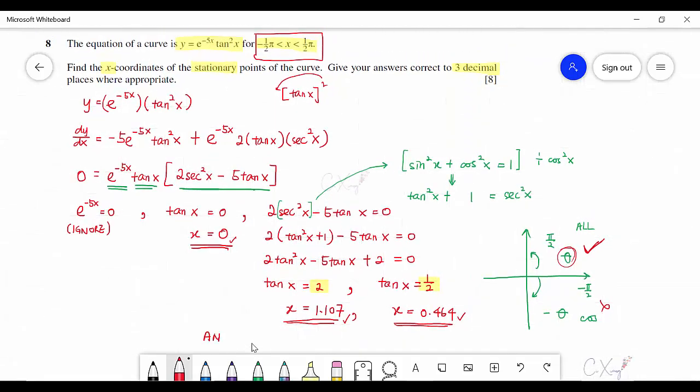So the answer will be x equals 0, x equals 0.464, and also x equals 1.107. There are 3 values of x for this part. All these are the x coordinates of the stationary points for the equation given above.